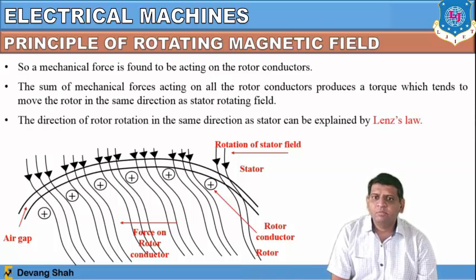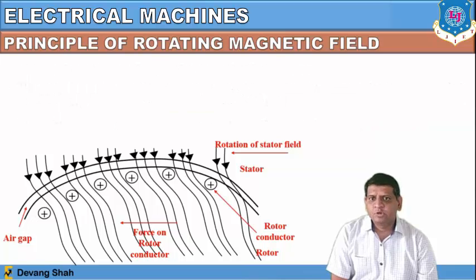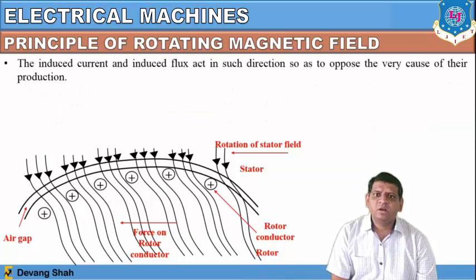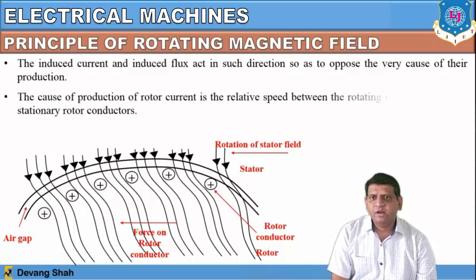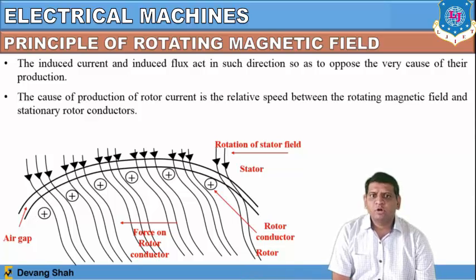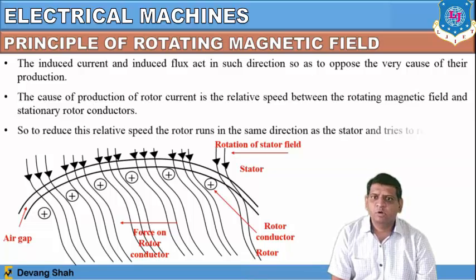The rotor rotating in the same direction as the stator field can be explained by Lenz's law. The induced current and induced flux act in such a direction as to oppose the very cause of their production. The cause of the rotor current is the relative speed between the rotating magnetic field and the stationary rotor conductor. To reduce this relative speed, the rotor runs in the same direction as the stator field, trying to reach it.